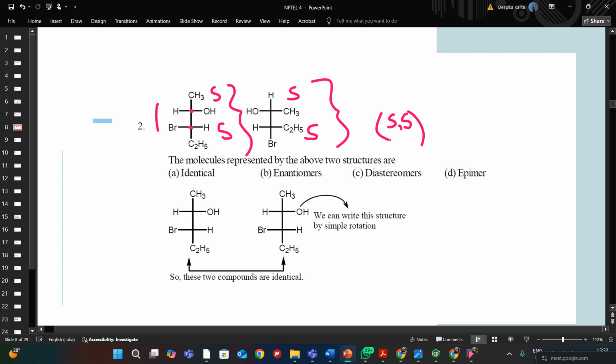So to solve these questions quickly, you can figure out the absolute configurations of the chiral centers present in these Fisher projections, and if they come out identical, you can say that the molecules are identical, and they will give you the same projections if you convert these Fisher projections into Sawhorse or Newman. I hope this question was clear to you.